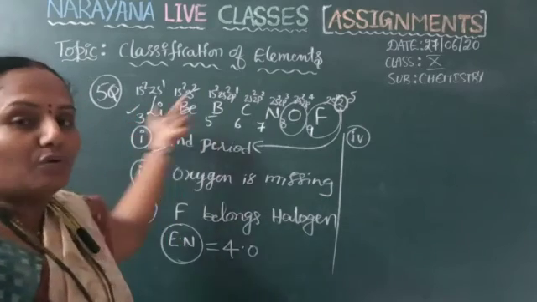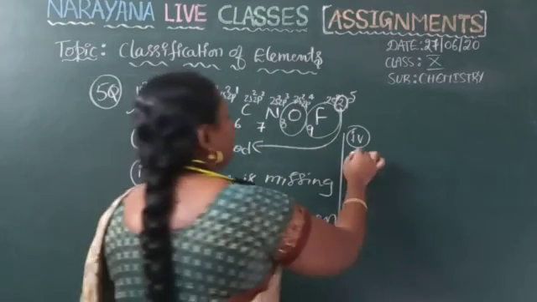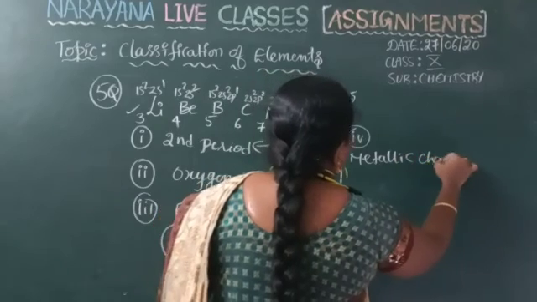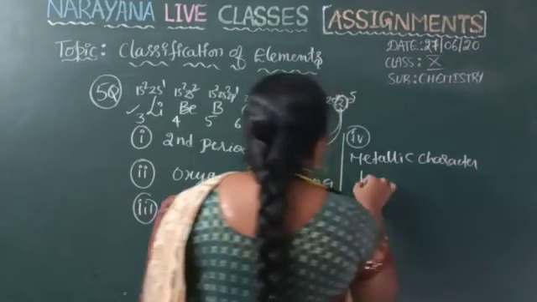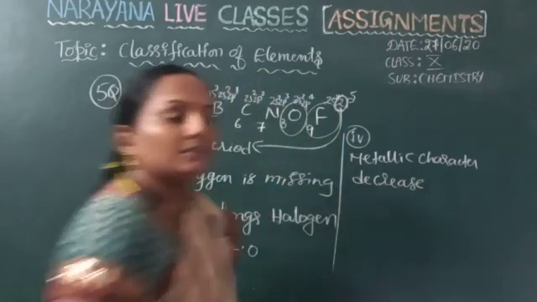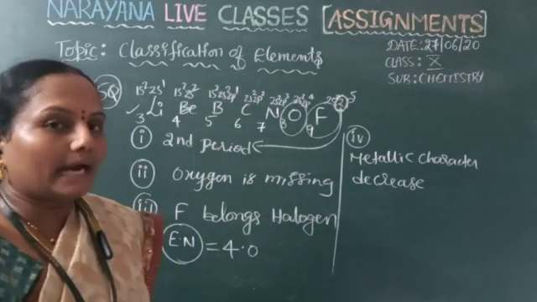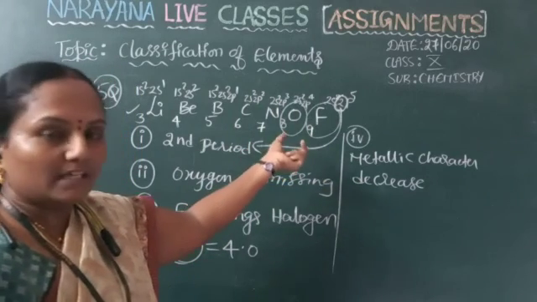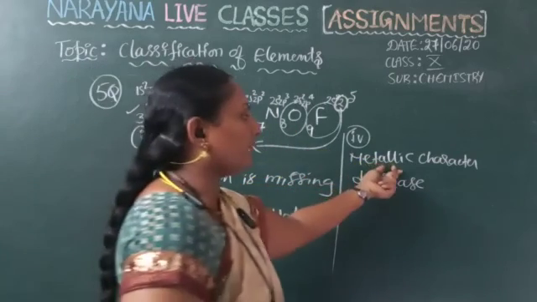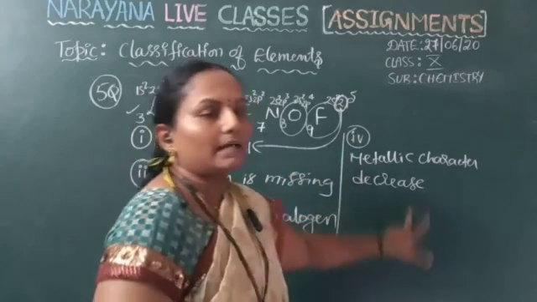From left to right, metallic character decreases due to decrease of size and increase of attraction. Because of their small size they won't lose their electrons. Metallic character is nothing but the tendency to lose electrons. So as we move from left to right, metallic character decreases.